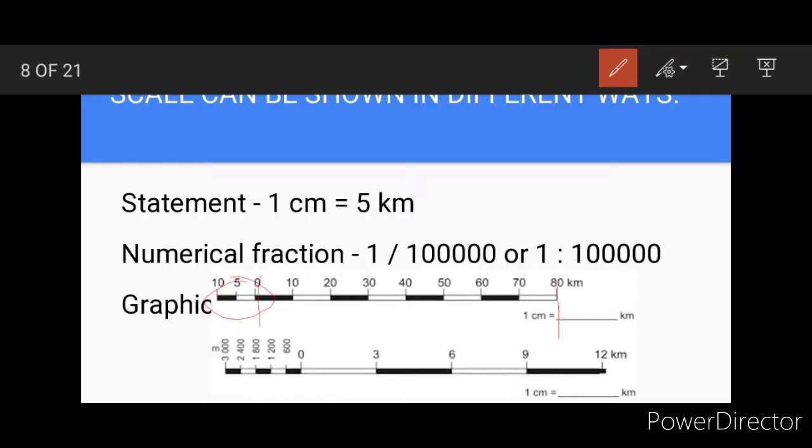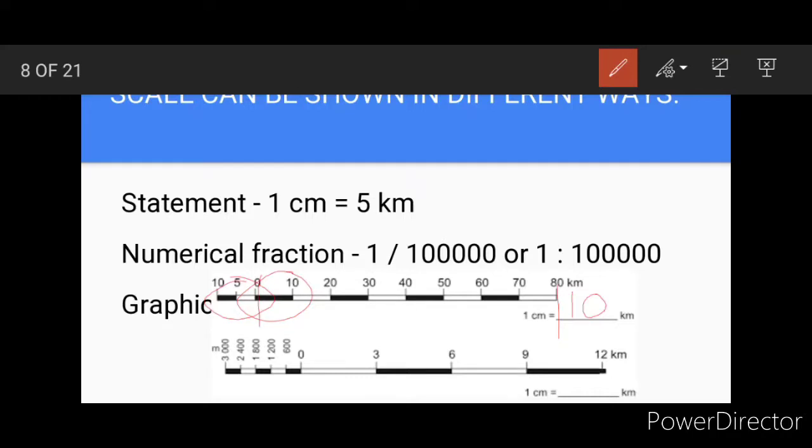So now here it is 0 to 10, correct? And here we are saying that 0 to 10 is divided into 5 and 10 kilometers. So accordingly, if we read over here, our answer is 1 centimeter is equal to 10 kilometers, and that 10 kilometers is again divided into 5 kilometers, right?